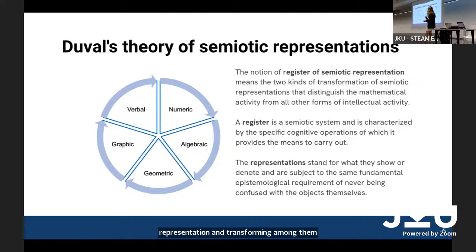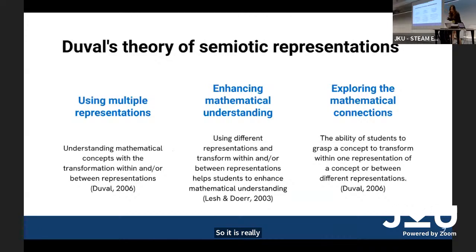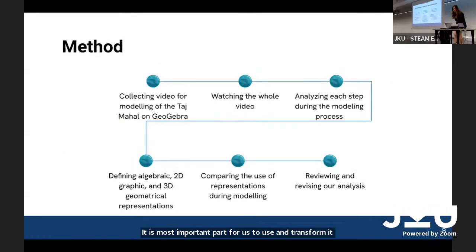So it is really important, highly important for mathematics education, not only mathematics, but also geometrical concepts. It is the most important part for us to use and transform them. Okay. And that's why we want to analyze and investigate this process.